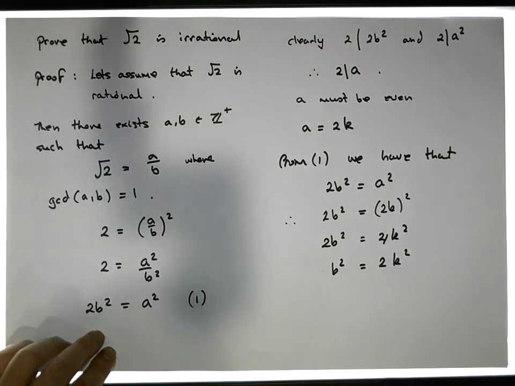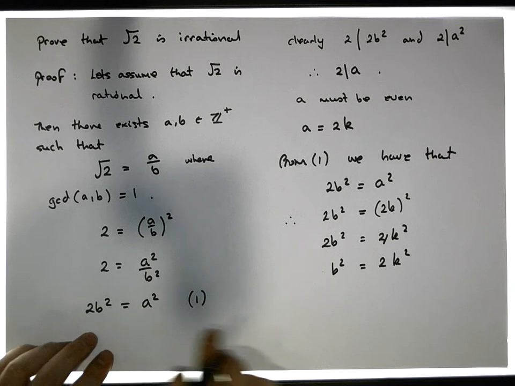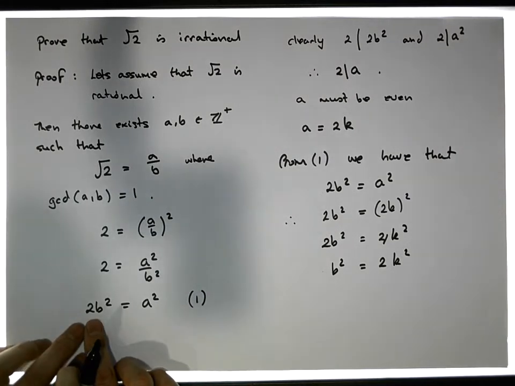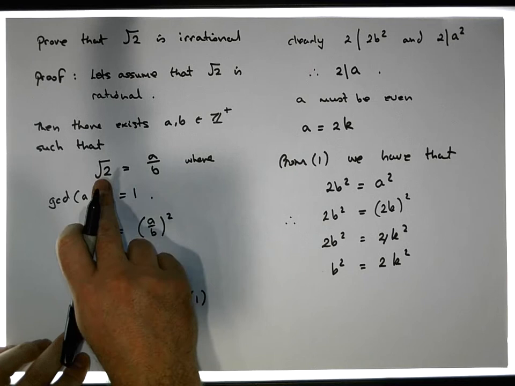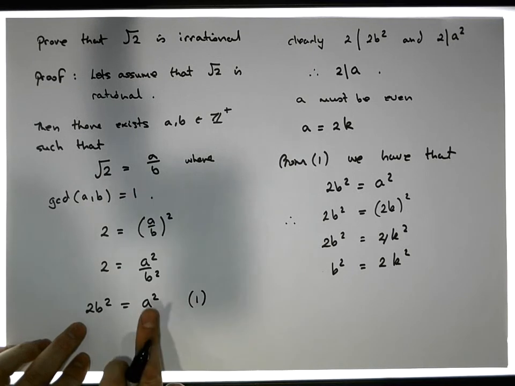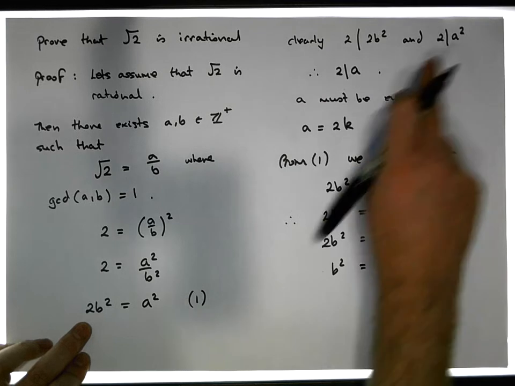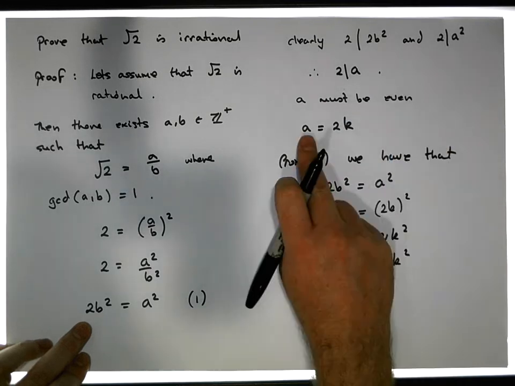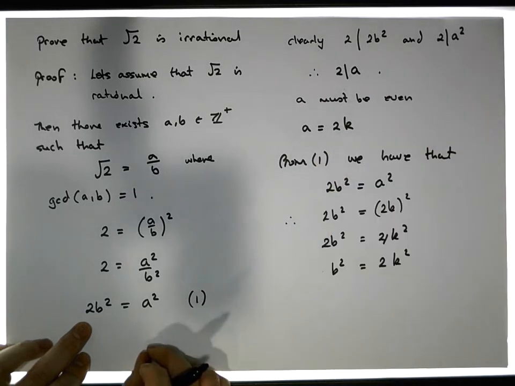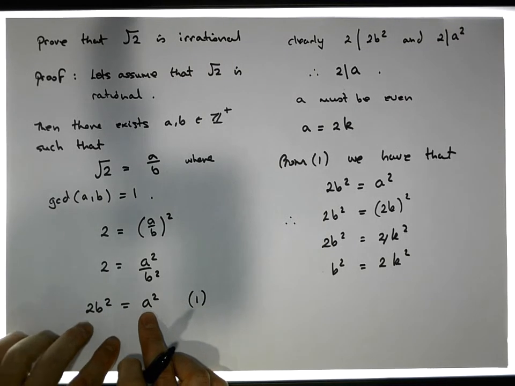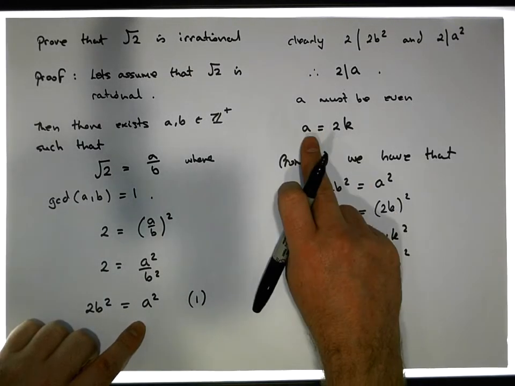But what does this tell us? Well, look over here. What we've said is that a squared is equal to 2b squared, and this fact came from assuming that the square root of 2 could be represented as a rational. From this we deduced that a squared was even, which means that a must be even, because the product of 2 even numbers gives us an even number. In other words, a can be written as 2k.